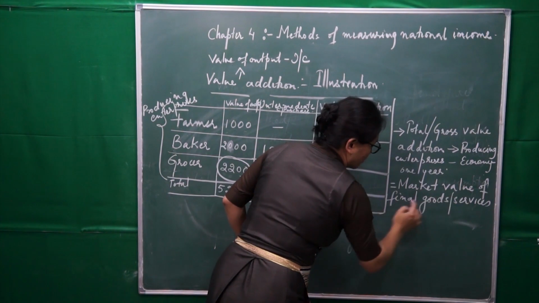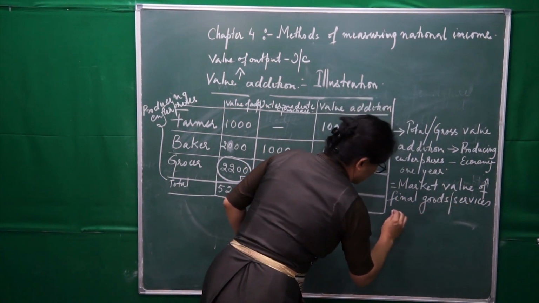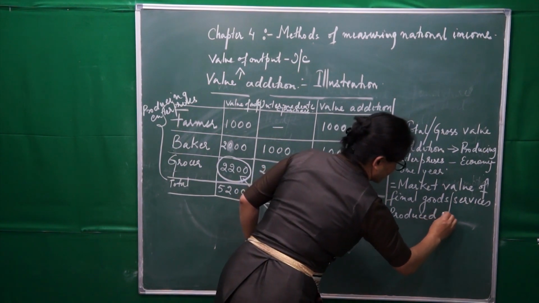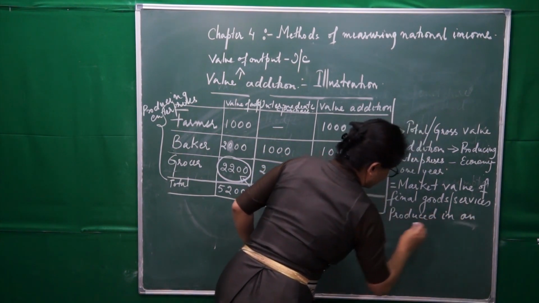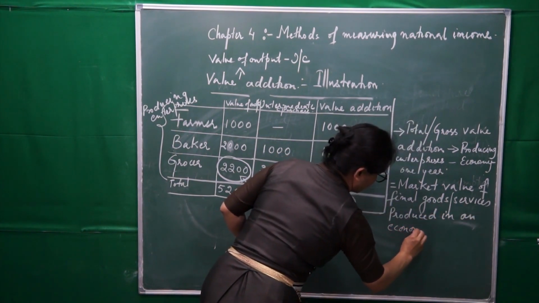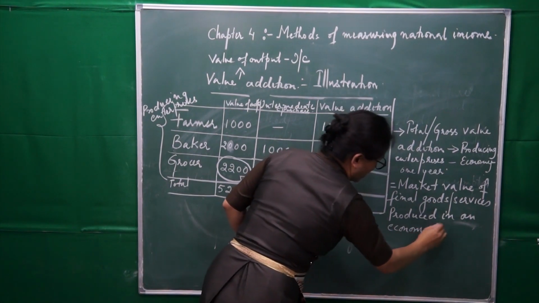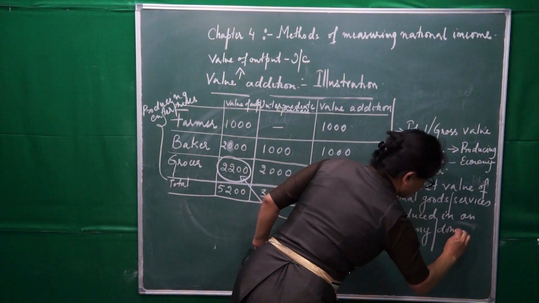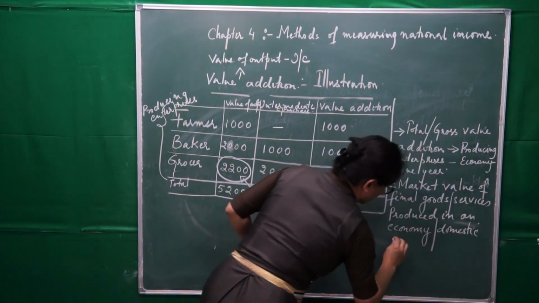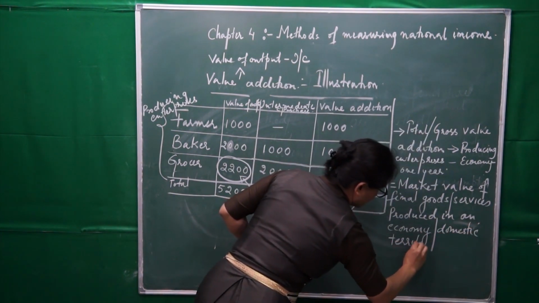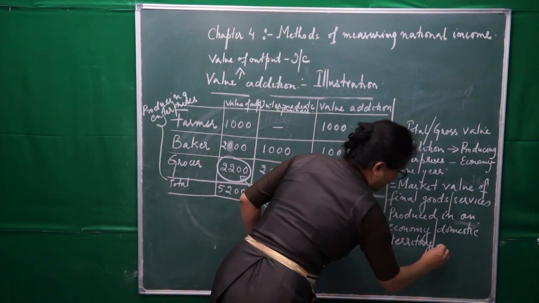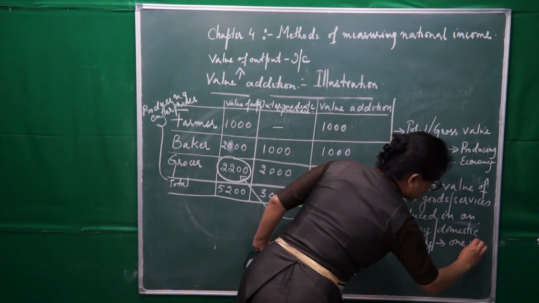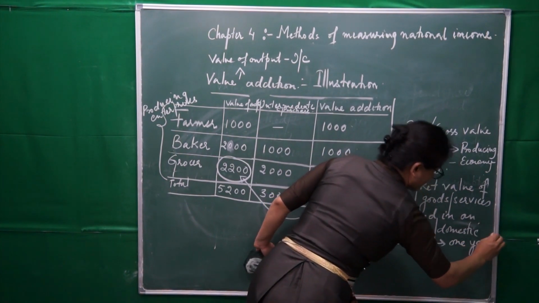So market value of final goods and services produced in an economy, or we can say produced within the domestic economic territory of a country in 1 year.